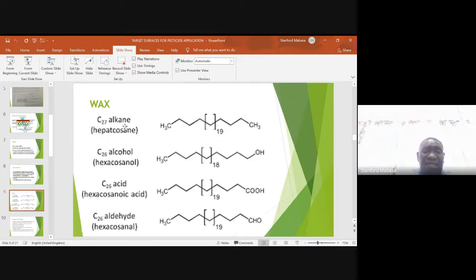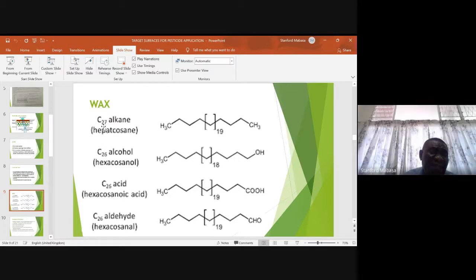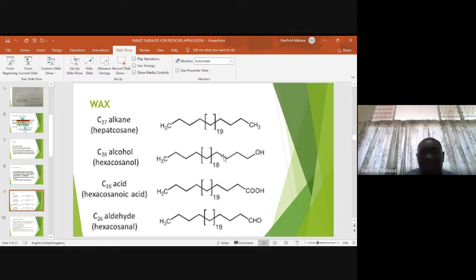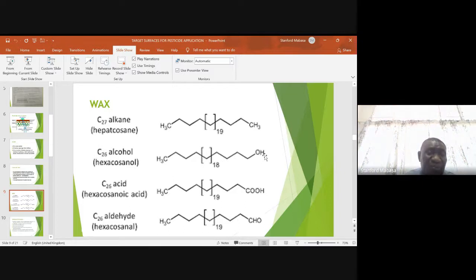Here I've got the structures of wax. So these are carbon chain atoms, which can be 27 carbons in one molecule, which is an alkane. Or you can have 26 carbon atoms attached to an alcohol, hexacosanol, for example.